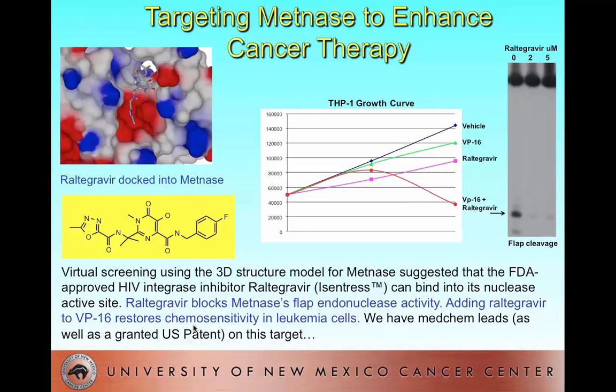So in my opinion, when the trial was put together, they did not take that into account. If you just take patients and simply give them a high dose of raltegravir, it doesn't work.